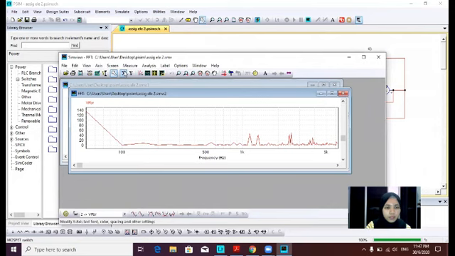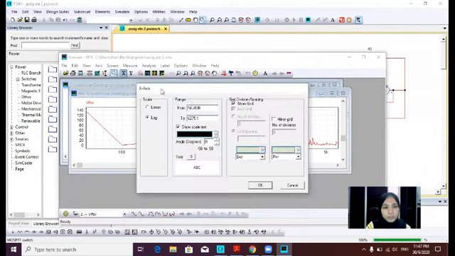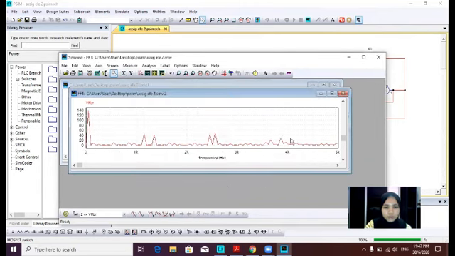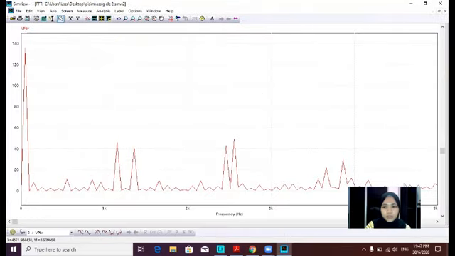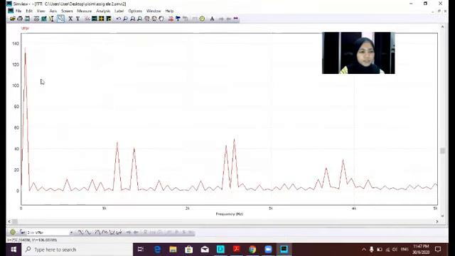Then the question asks to adjust the x-axis, where the scale is linear and the range is from 0 until 5 kHz. From this we get the waveform of the harmonic spectrum, from 0 until 5 kilohertz, and this is the amplitude for the harmonic spectrum.